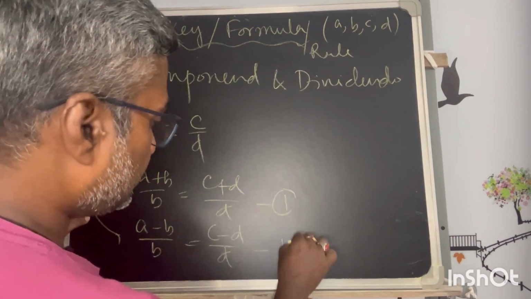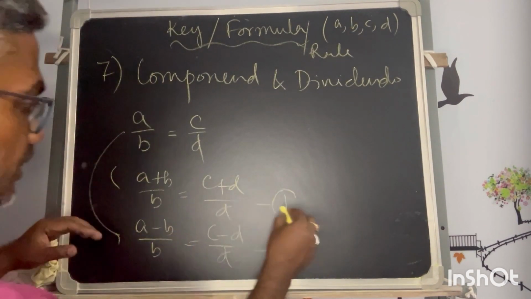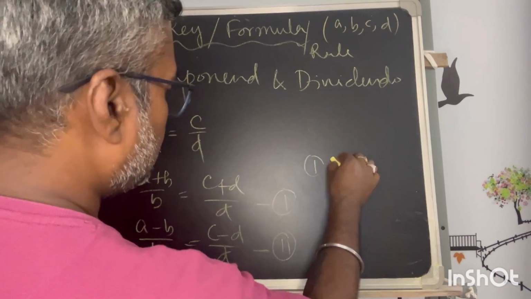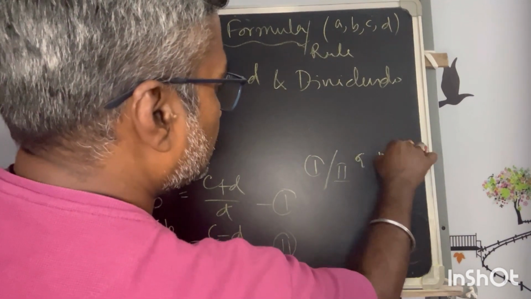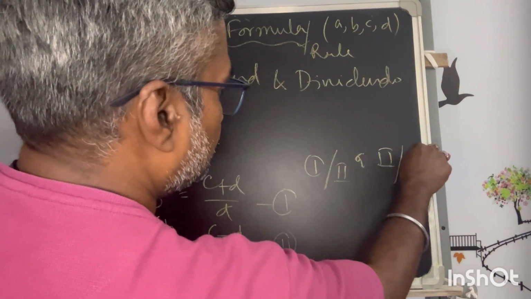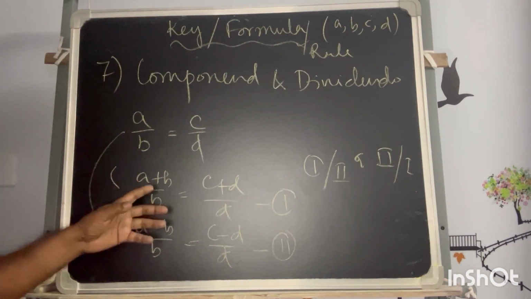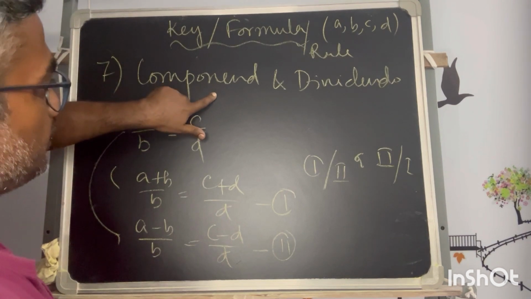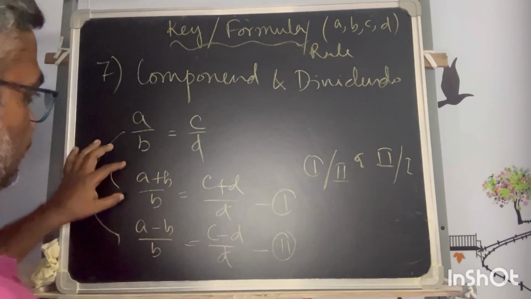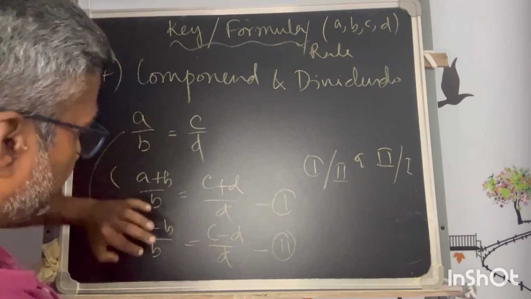Okay, now if you club this together and divide 1 by 2, or 2 by 1, whichever way you combine, you will get a relation. This is the relation from combining componendo and dividendo.